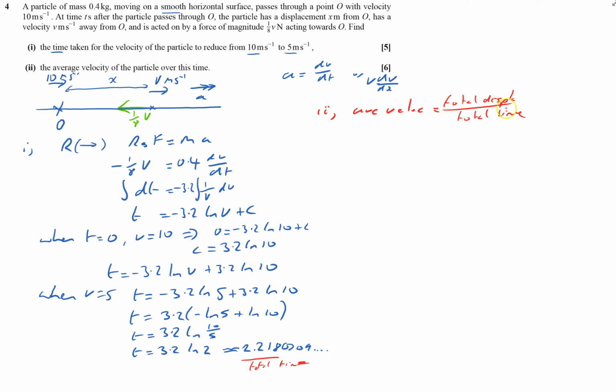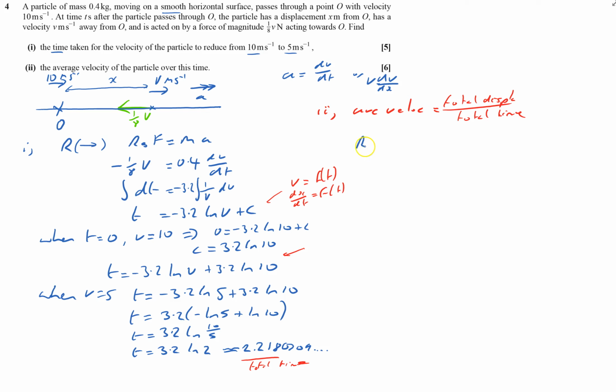So I've got to work out total displacement. Now, if I had v equals some function of t, then I would have done dx by dt is velocity equals some function of time, and split it up. But I didn't do it like that, so I'm going to try it again by using resultant force equals mass times acceleration.